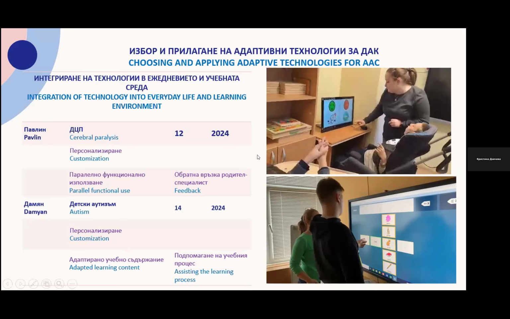You could see how much the children enjoyed communicating with each other using AAC. For Damian, this period of 7 school years, he has progressed and demonstrated improvements in cognitive skills, including working memory, attention, and language skills.